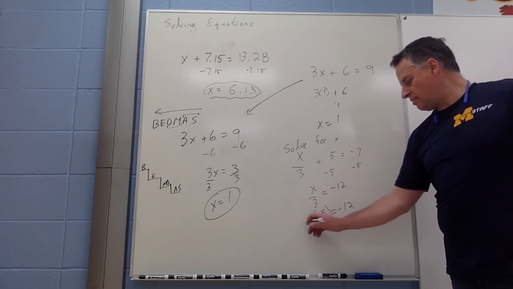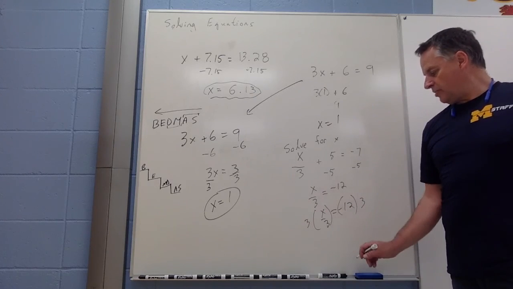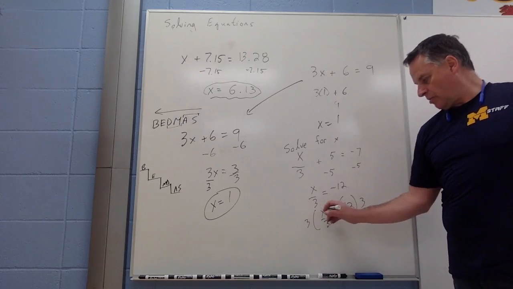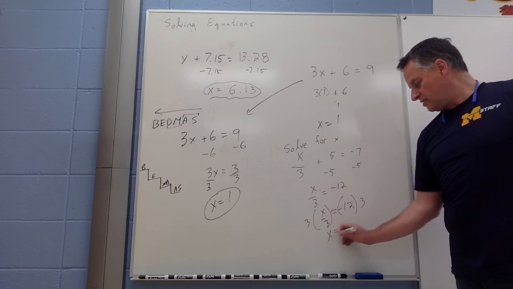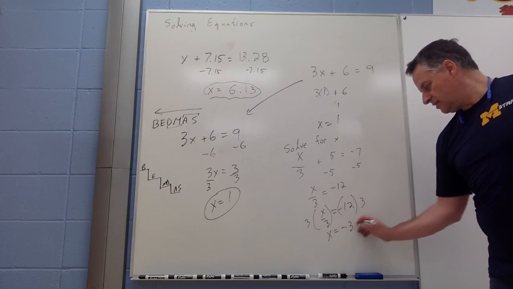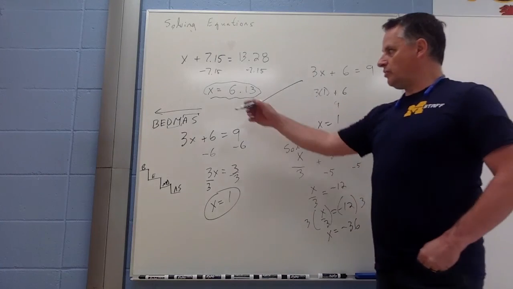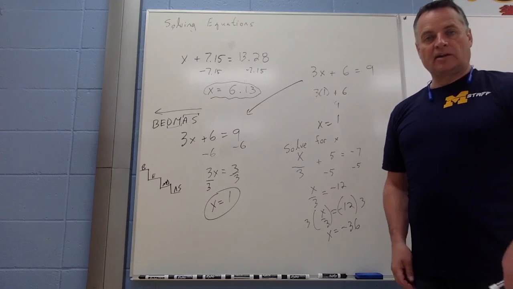I'm going to times this side by 3, and this side by 3. Then when I multiply both sides by 3, the 3 that we're multiplying and dividing by, those cancel each other. And so then I just get -36.